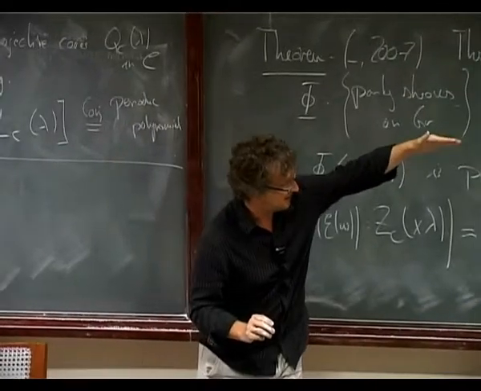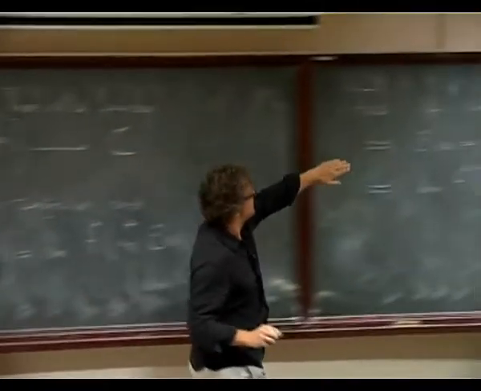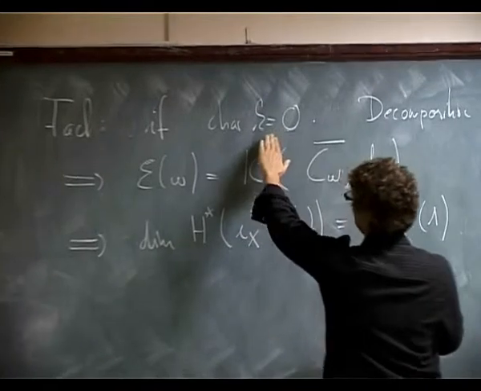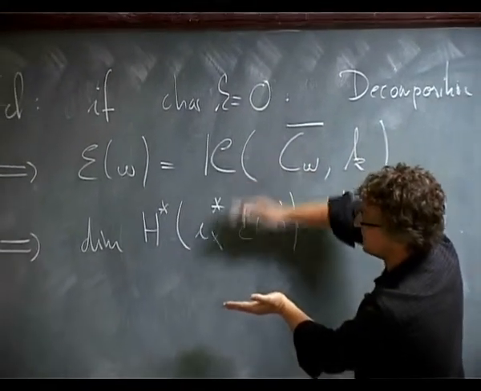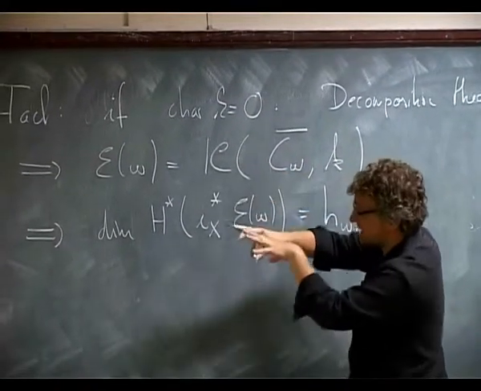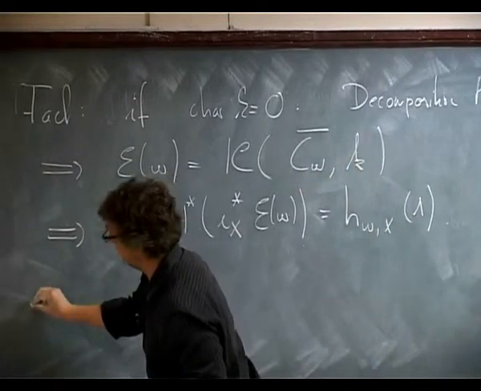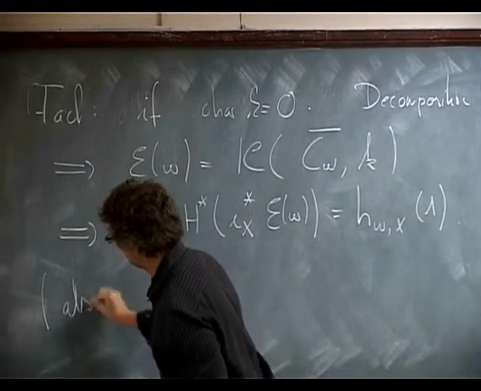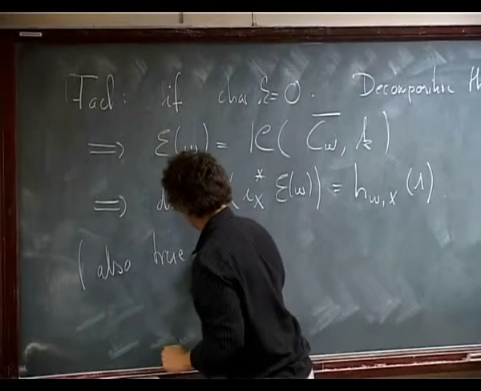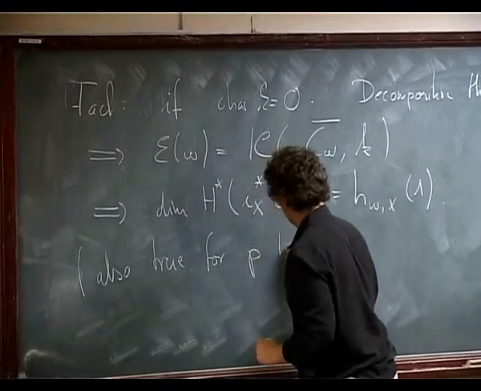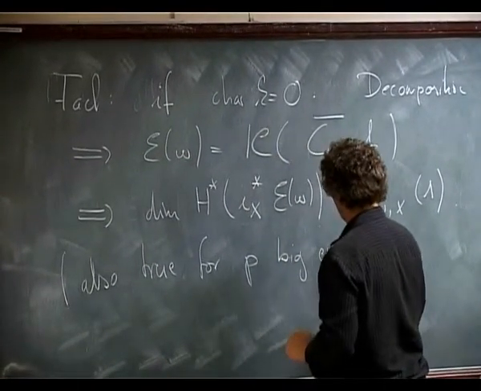This is still in characteristic 0, but once you know it in characteristic 0, because this has a kind of algebraic core, you can argue that it's also true for p big enough.